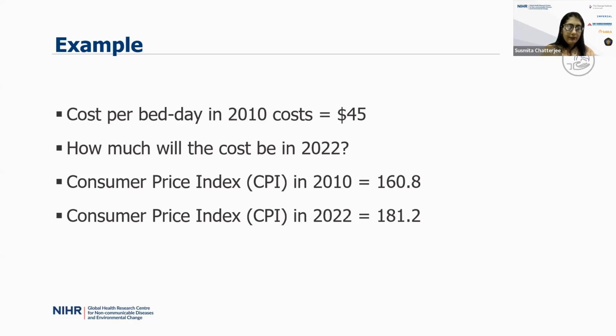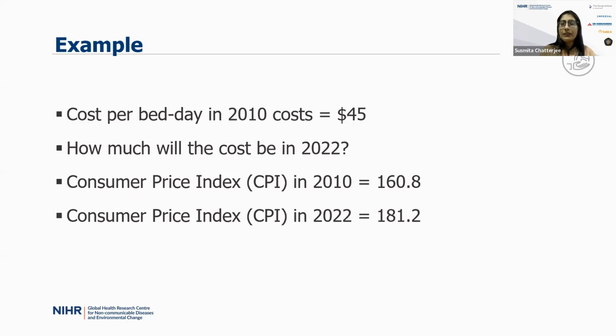So if you divide 181.2, anyone who did not do it yet, please do, divided by 160.8, it comes to 1.126. That's the inflation adjustment factor. You just need to multiply this with 45, and that is 50.708, something like that.